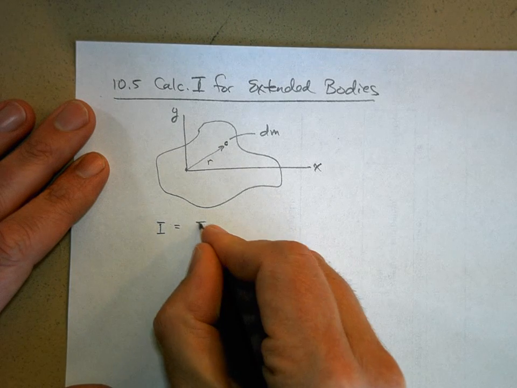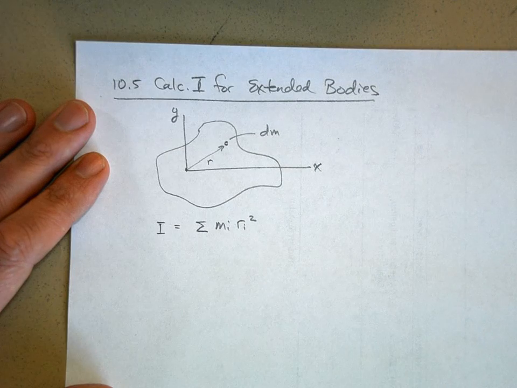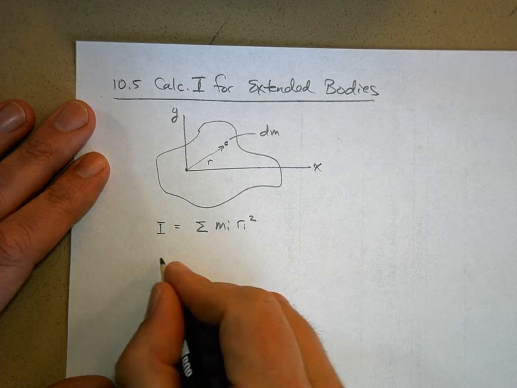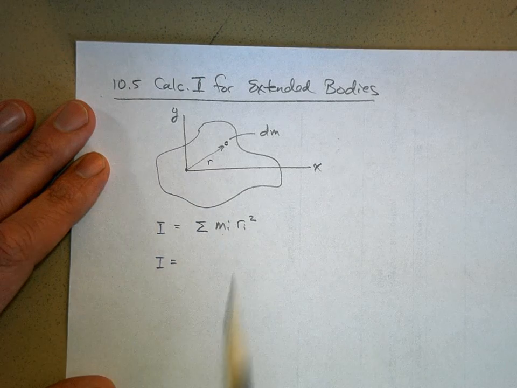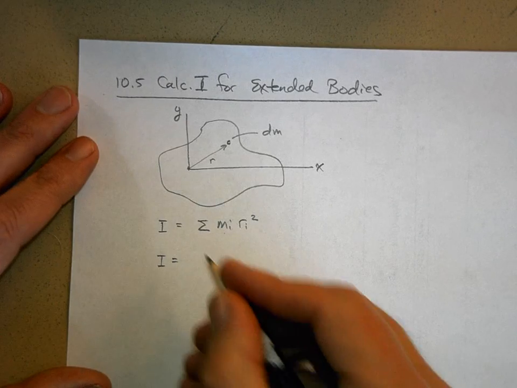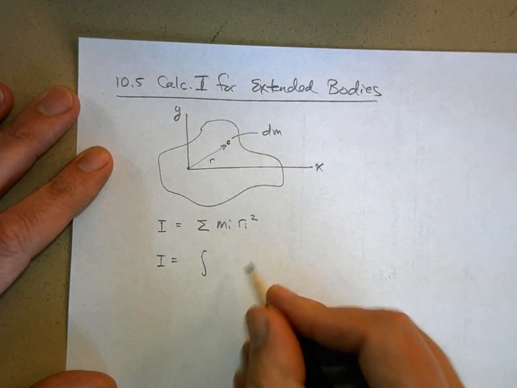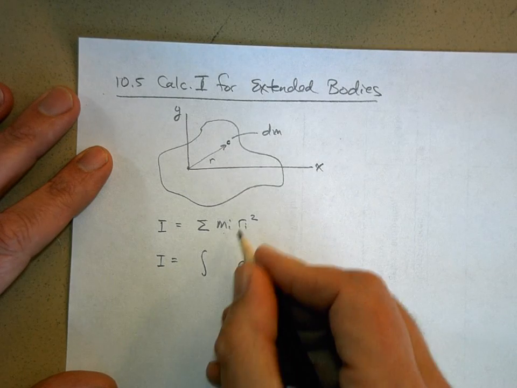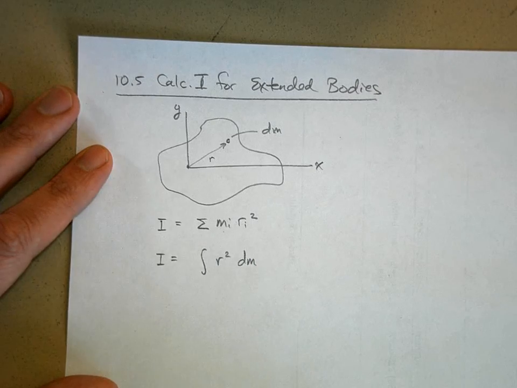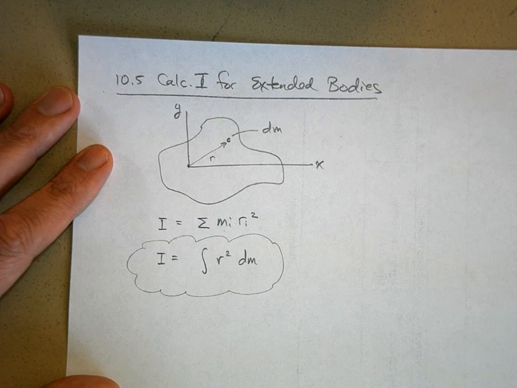We had a summation of m_i r_i squared, right? Now, instead of a summation over a discrete number of particles, we're going to have an infinite number of particles, and we're going to sum them all up using the magic of integral calculus. We'll put the dm over here, and then this is just going to be r squared. And so, for extended bodies, this is our equation for rotational inertia.